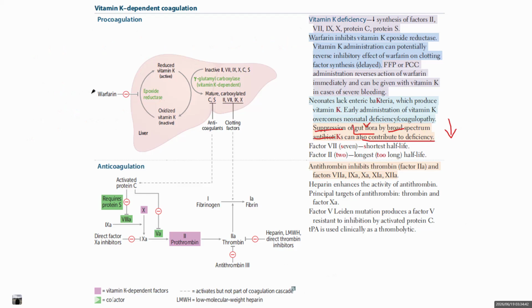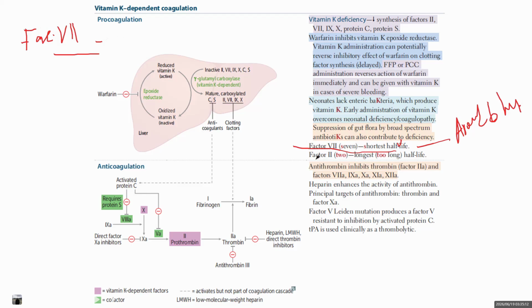After that, you have to remember one important concept: half-life. What does that mean? We have different clotting factors, and different clotting factors have different half-lives. Physiologically, factor 7 has the shortest half-life, around 6 hours.